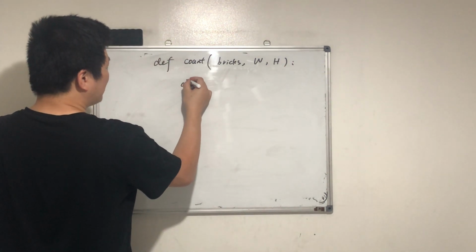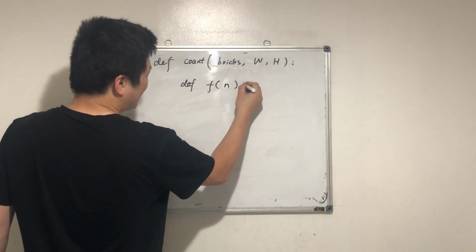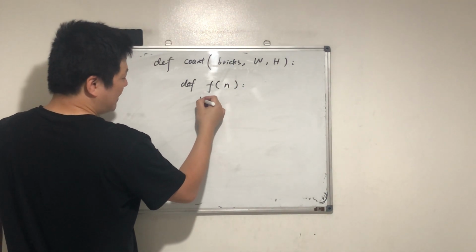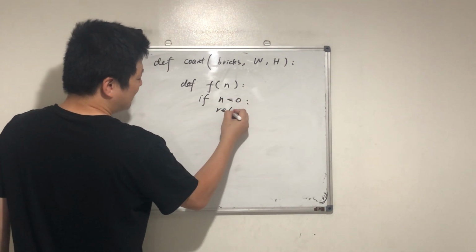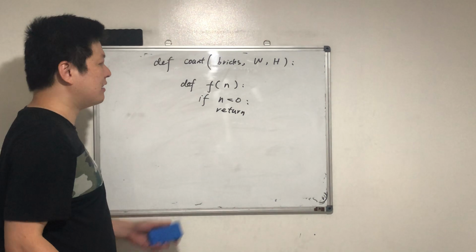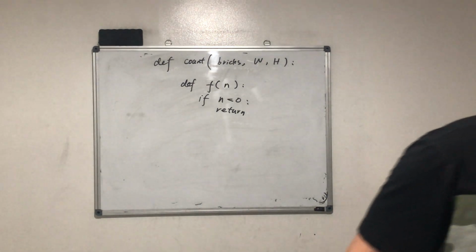Okay, so now we want to define this f function. F function which is n, given the n, right? Look, if n is smaller than 0, return what? If the width is smaller than 0, return what?